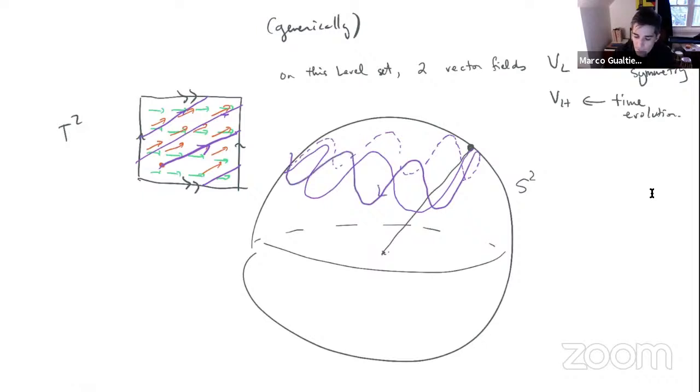See what I'm saying? It'll be oscillating like this, and it may not return exactly to the exact same position because this direction inside the torus may be irrational, and so it may never really return to exactly the same state. Okay, and it'll go in this way, in this band on the sphere.